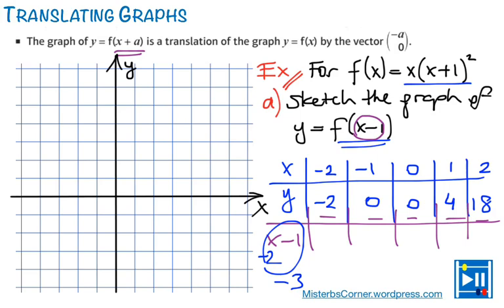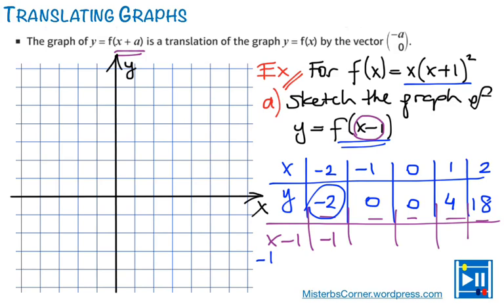Or let me put it this way. If I substitute minus 1 here, then it's going to be minus 1 minus 1, which is minus 2. And I know what the y value is for x equals minus 2. So basically, for this table, it is going to be minus 1, because minus 1 makes minus 2.